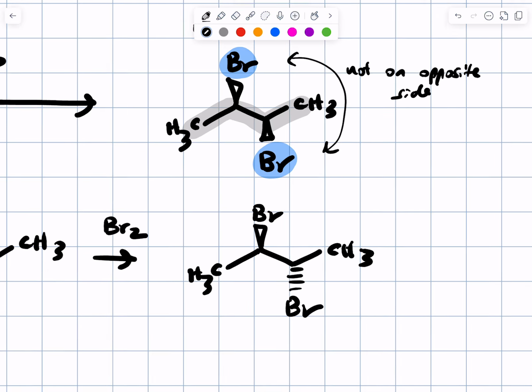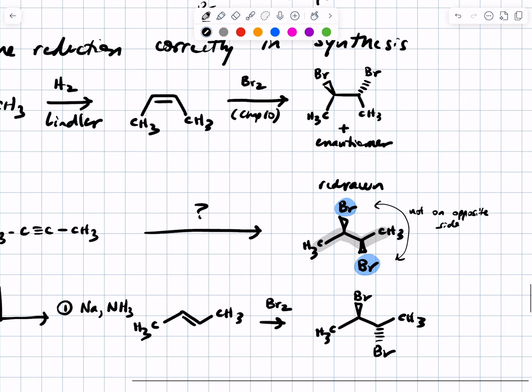So to think back correctly, you would need to redraw the molecule such that the Brs were on opposite sides, and then you could think backwards to the correct alkene stereochemistry. Does that make sense? Yes?